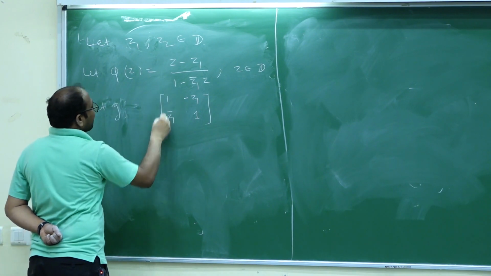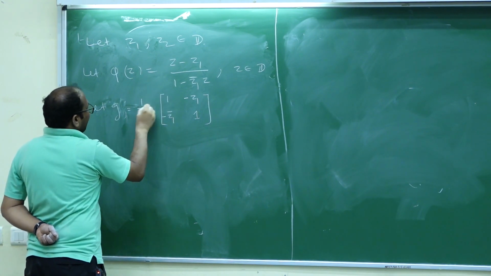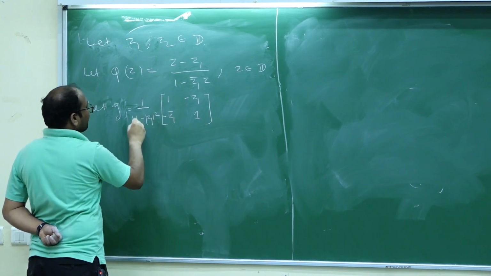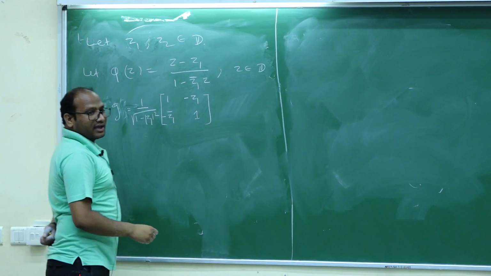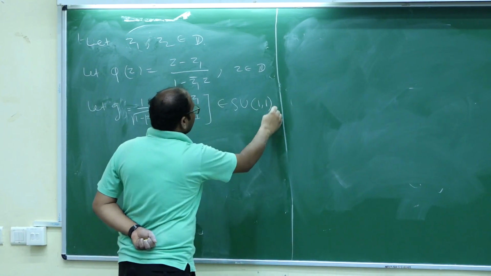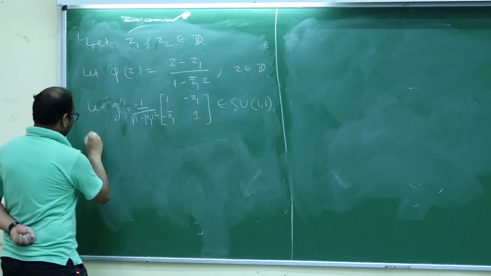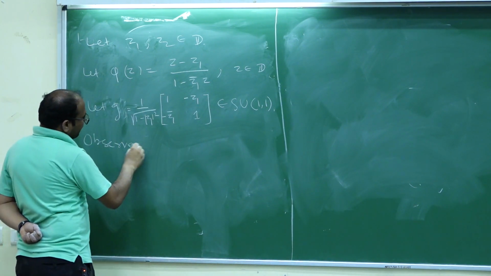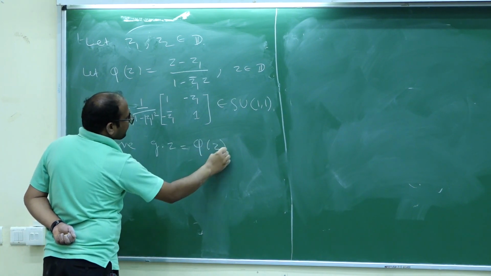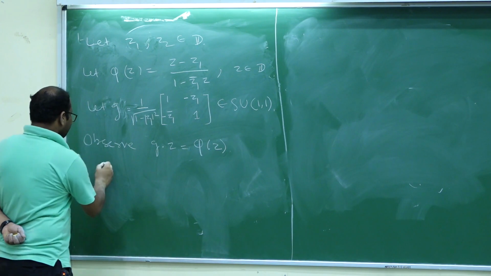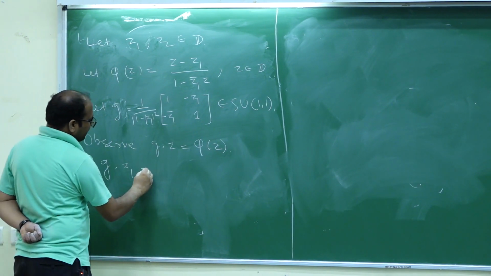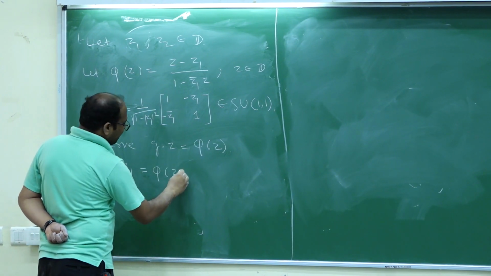This is the matrix I have taken, and this matrix belongs to SU(1,1). And observe that G dot Z is really phi of Z. So G dot Z1 is phi of Z1, and that is 0.